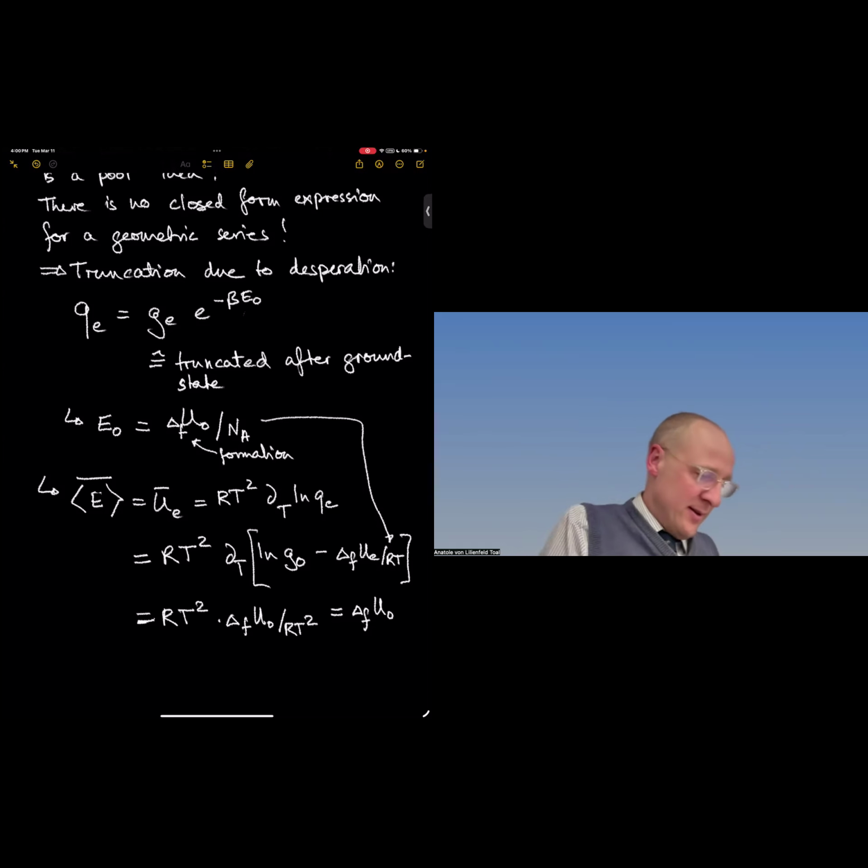Okay, so I've basically recovered what I've put in. So again, the formalism is consistent between macroscopic and microscopic thermodynamics.